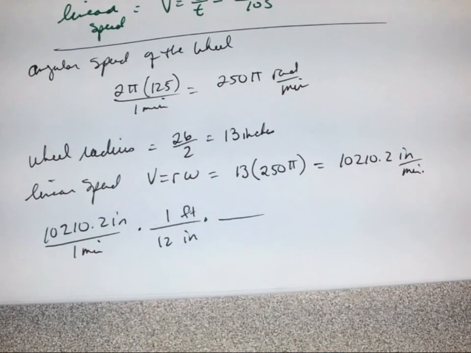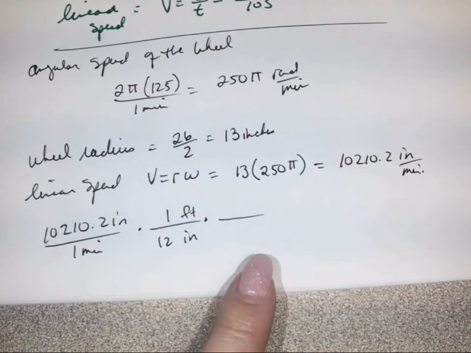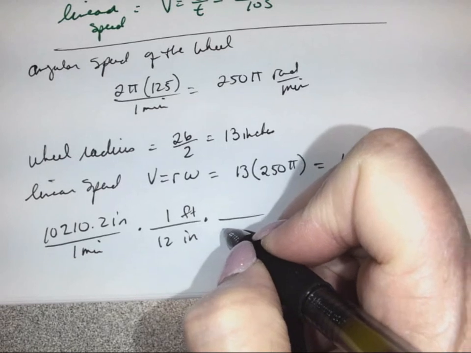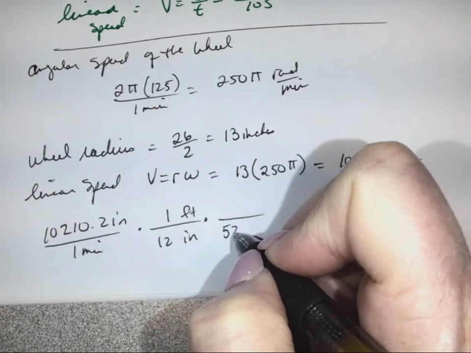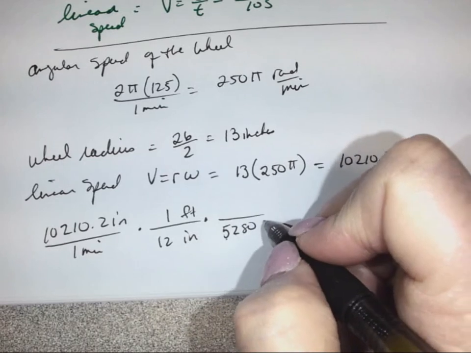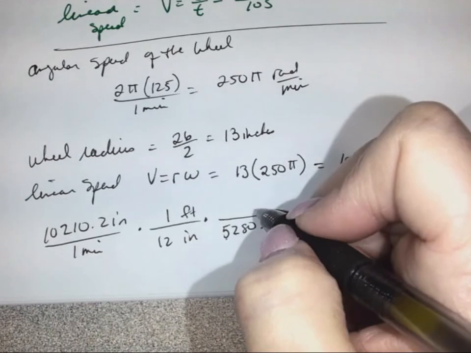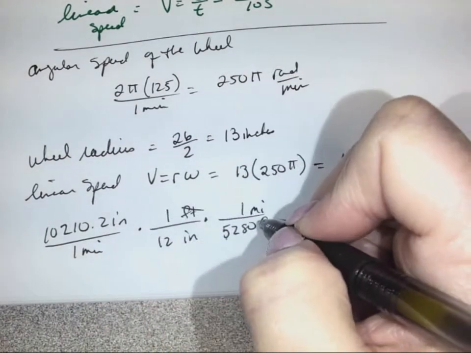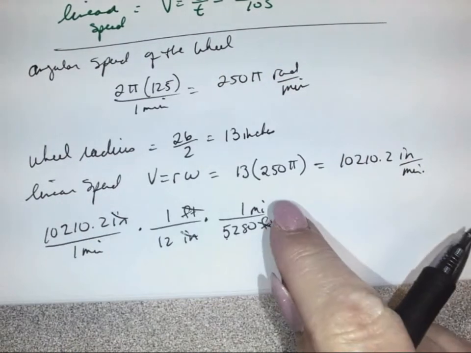And I happen to know there are 5,280 feet in a mile because I know it's 5 tomatoes. It's something I learned from one of my students. He learned it from a teacher, so I did not come up with it. So 5,280 feet in 1 mile. The feet cancel and the inches cancel, and we've got our miles.